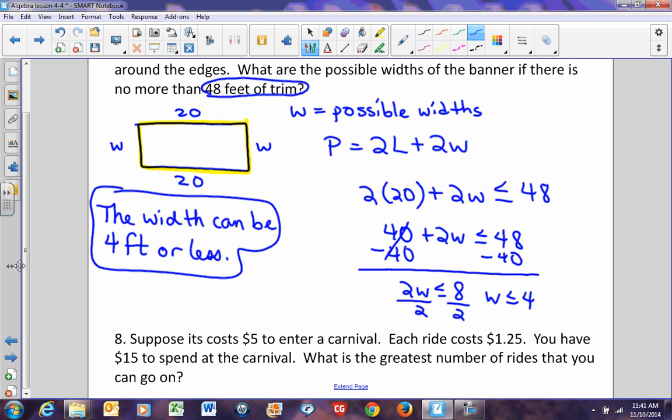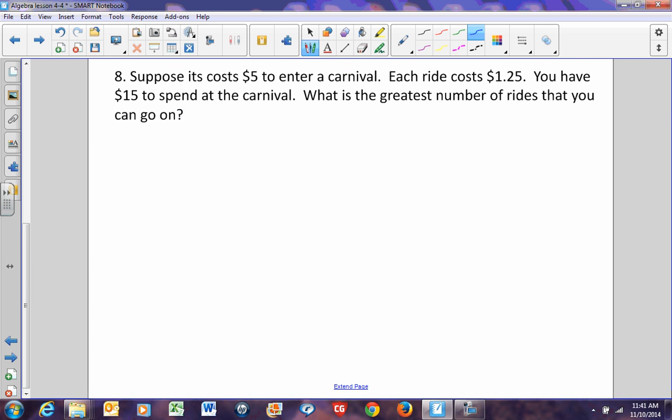Last word problem. Suppose it costs $5 to enter a carnival. Each ride costs $1.25. You have $15 to spend at the carnival. What is the greatest number of rides that you can go on? Obviously, again, we have to define our variable, and it's asking what is the greatest number of rides. So I'm going to let R equal number of rides.